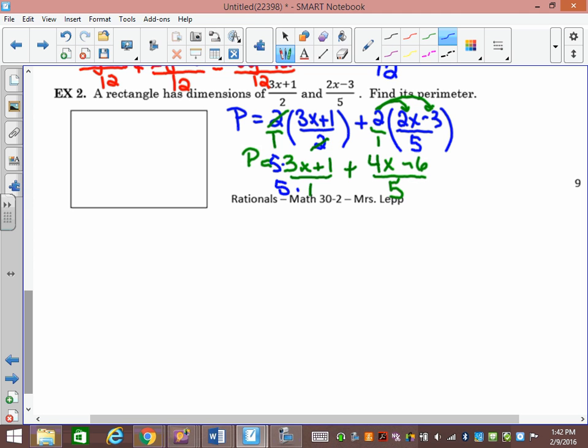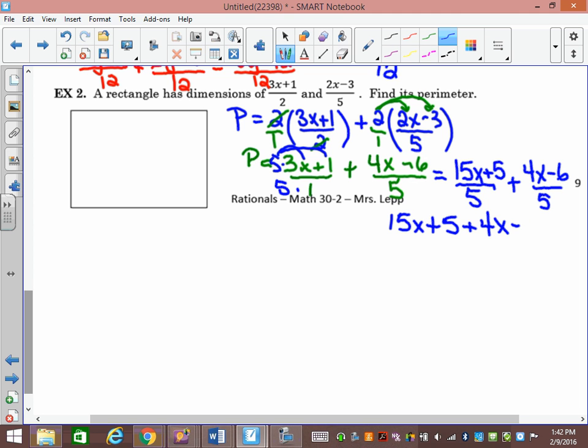So we're going to get 15x plus 5 over 5 plus 4x minus 6 over 5. Then we could go 15x plus 5 plus 4x minus 6 over 5.